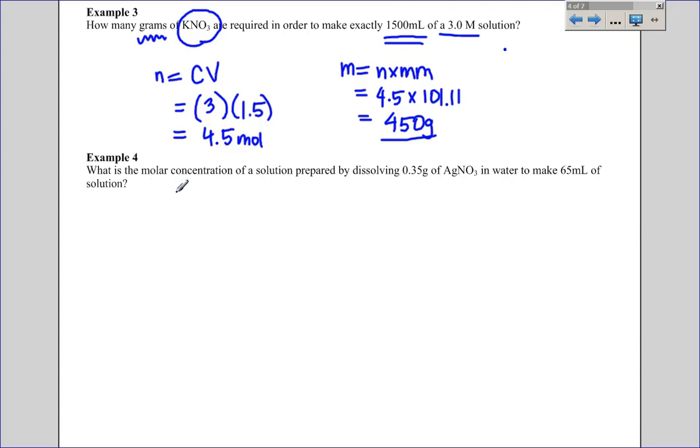In example 4, we've got a solution that's been prepared and we want to identify its concentration. So we've dissolved 0.35 grams and we've made a 65 milliliter solution. So again, this is 2 steps. I need to first figure out how many moles I'm dealing with by calculating using mass divided by molar mass.